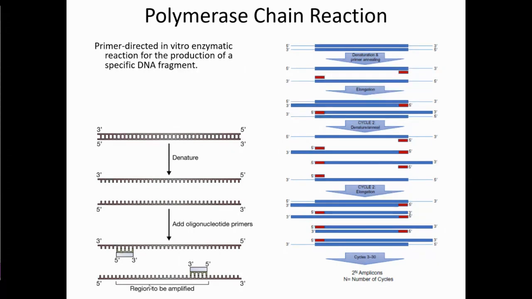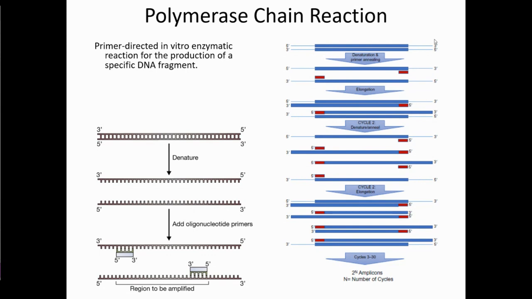So for the in vitro reaction, again, you need this DNA polymerase. That's why it's an enzymatic reaction, for the production of a specific DNA fragment, because the primer defines the specific region to be amplified. Okay, so that's the PCR, polymerase chain reaction.